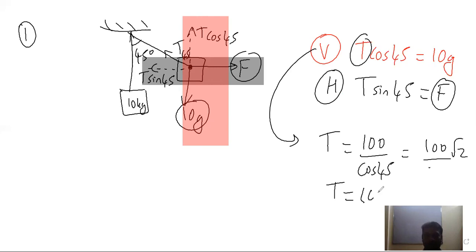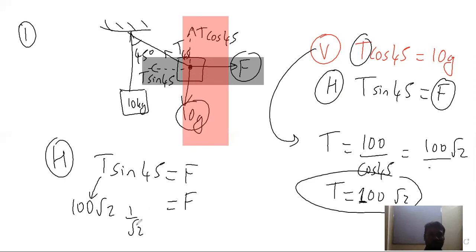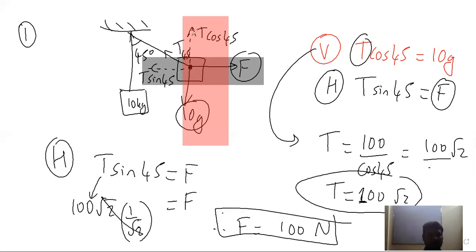Let us substitute this value of T in the horizontal equation, T sin 45 is F. So F comes out to be 100 root 2 into sin 45, which is 1 upon root 2. Root 2 cancels, and we get the value of F as 100 Newton. So the correct answer to this question is F is 100 Newton. So this was question 1, option B.